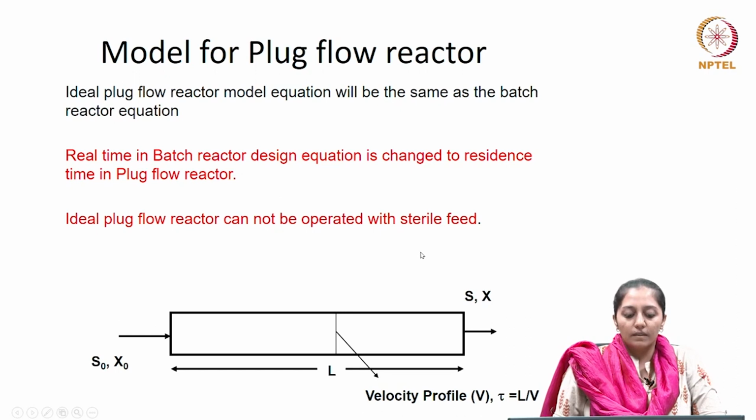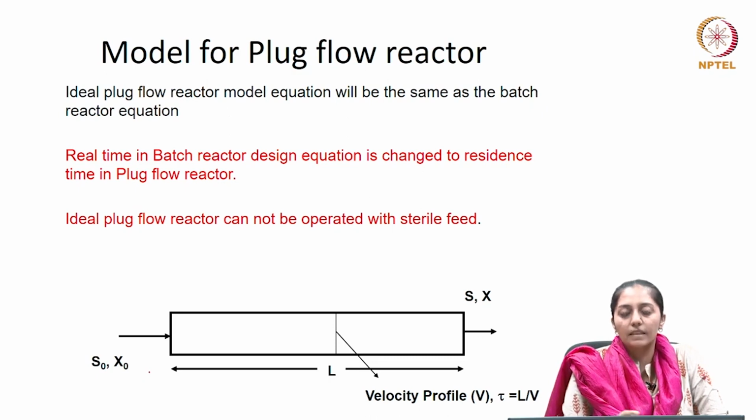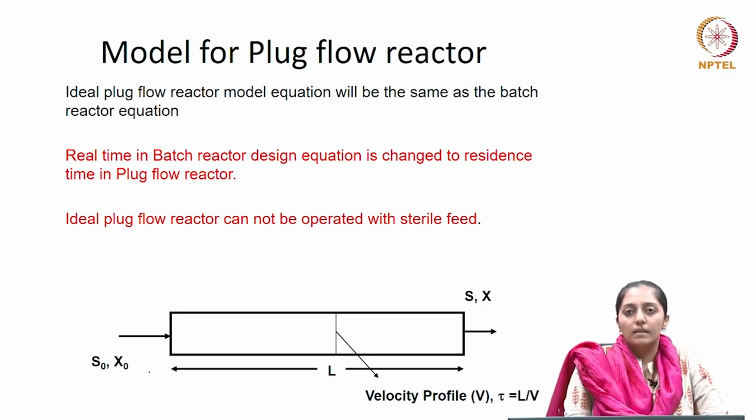If you see the picture on the slide, the length of the tubular reactor is L. The inlet substrate being fed inside the tubular reactor is S0, and because it is not sterile, the biomass concentration is X0. As it comes out from the other end, the substrate gets converted and the residual substrate concentration changes.